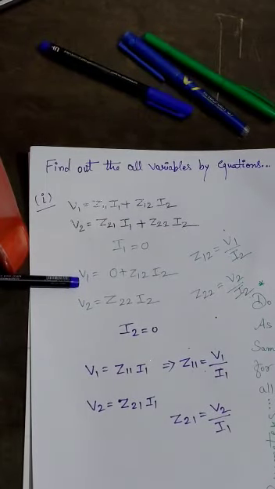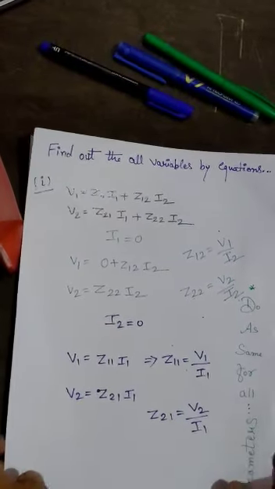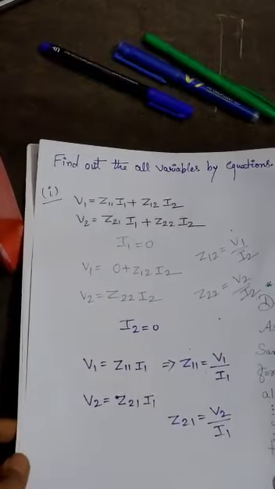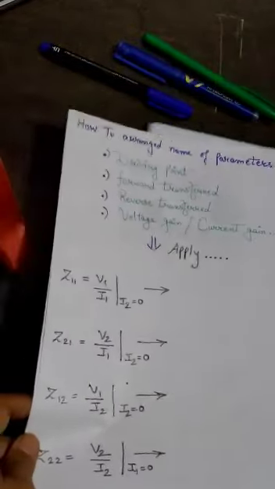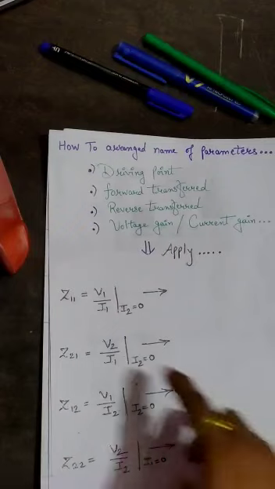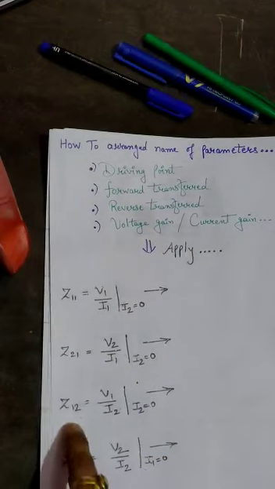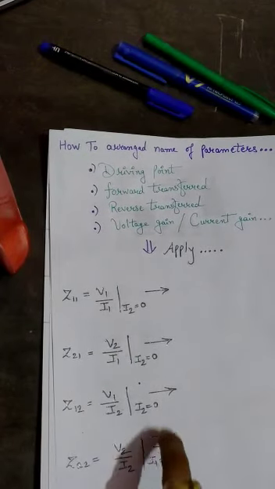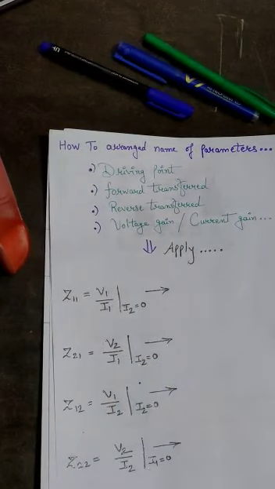Now all the parameters are arranged in a particular way like this: Z11, Z21, Z12, Z22, where I1 and I2 equal 0.